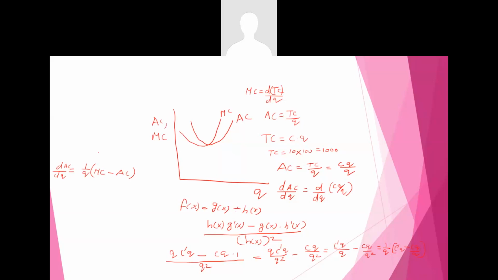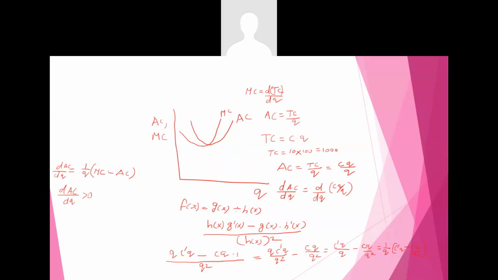Taking 1 by q out of the bracket, it is 1 by q into c dash q minus cq by q, where c dash q is MC and cq by q is AC. So dAC by dQ is 1 by q into MC minus AC.